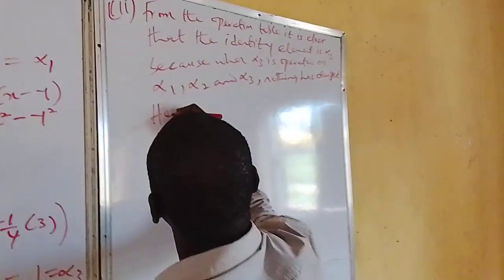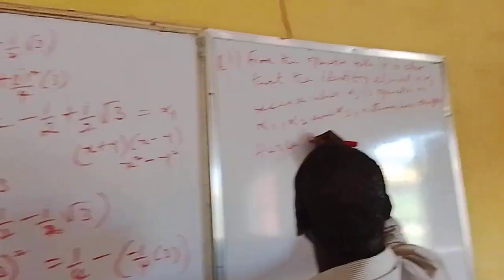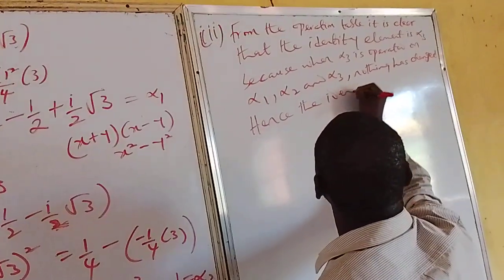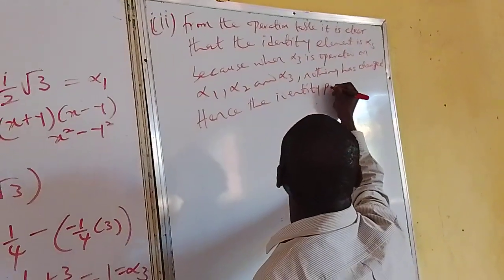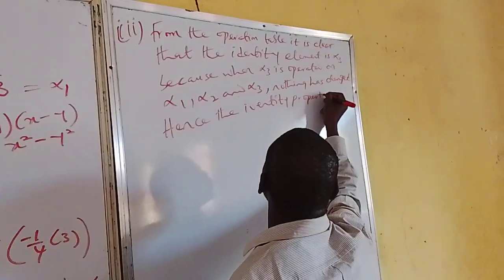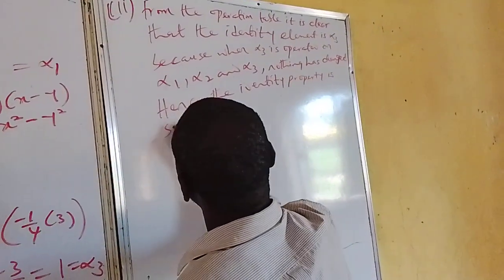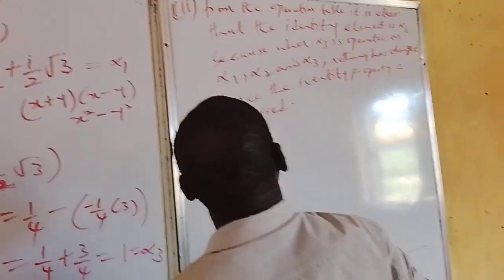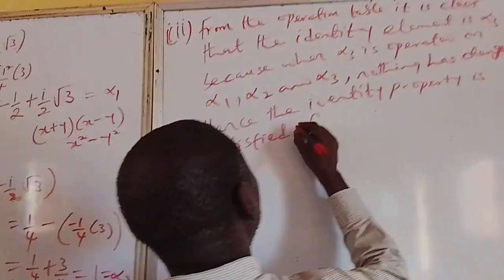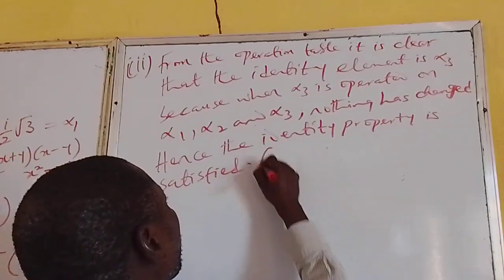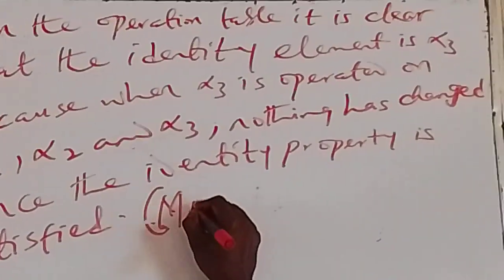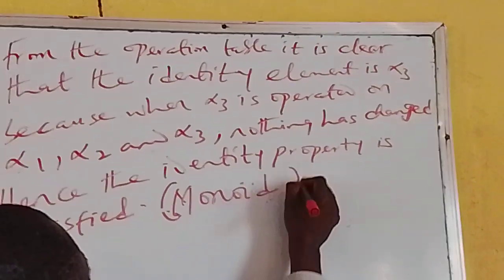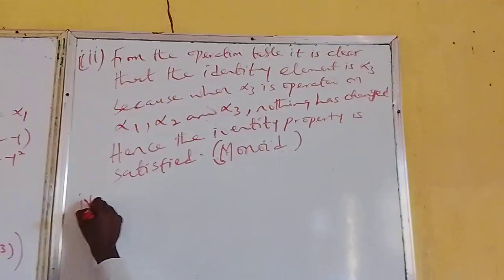So hence, the identity property is satisfied. So that means if the identity property is satisfied, we can call it a monoid. This is a monoid.